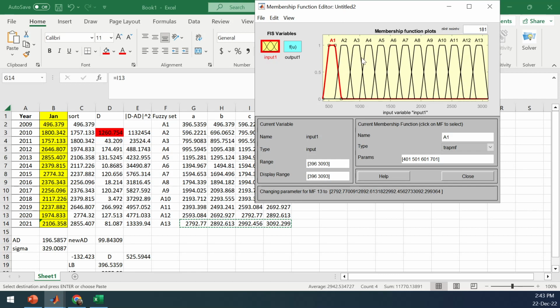So I have built 13 membership functions, A1 to A13.